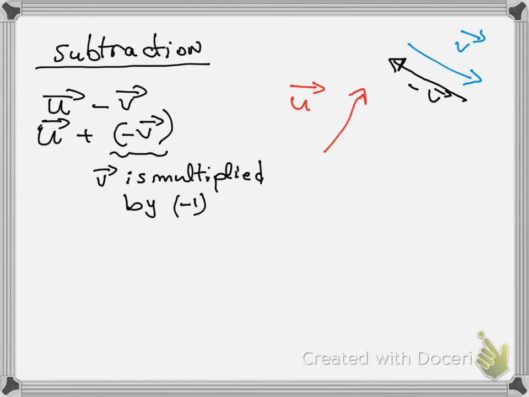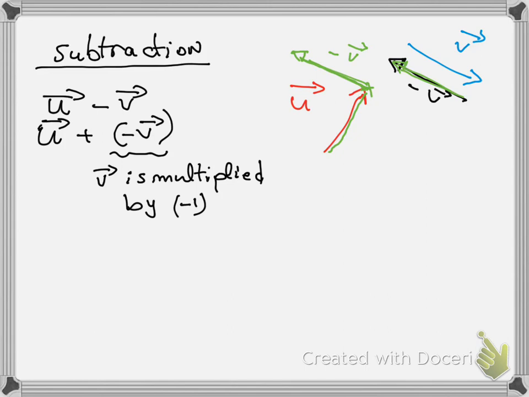Now you want to do u plus negative v, right? So here's my vector u, plus negative v. Well, I have to draw negative v starting from the terminal point of u. So I'm going to start from here, and I'm going to draw negative v. This is, again, negative v, because these two vectors have the same length and the same direction, so they represent the same vector.